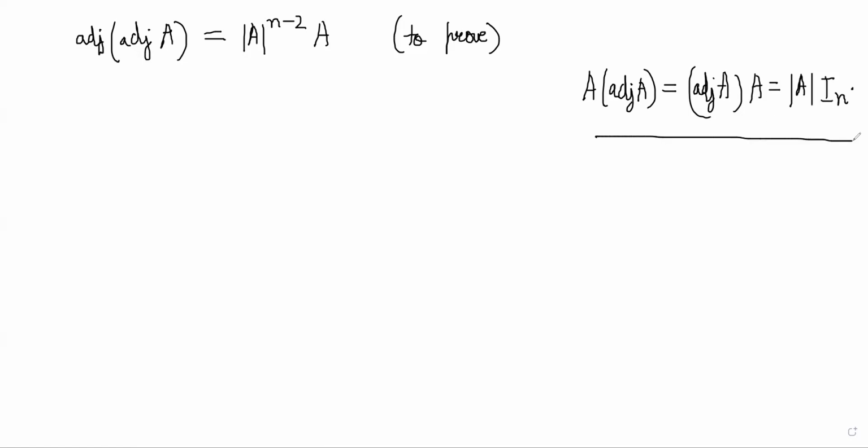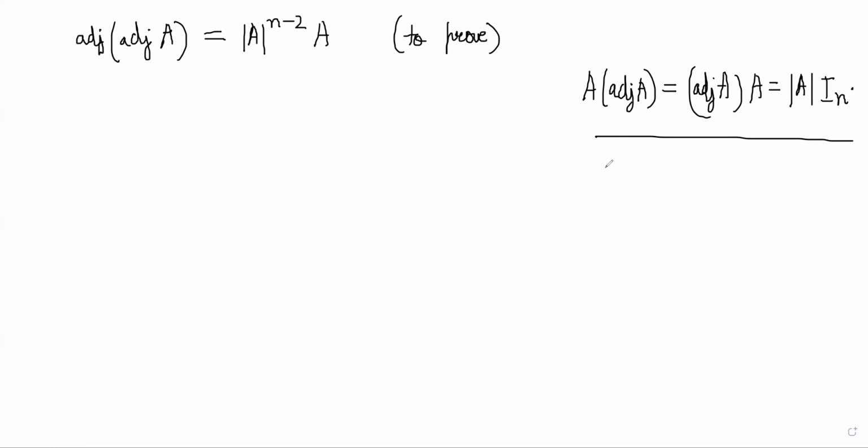So from this result, we get adjoint of A into adjoint of adjoint of A is equal to det of adjoint of A times identity. I don't understand, what is the first step? We can take another matrix B as adjoint of A, and we can write the same statement as B into adjoint of B is equal to det B into identity.